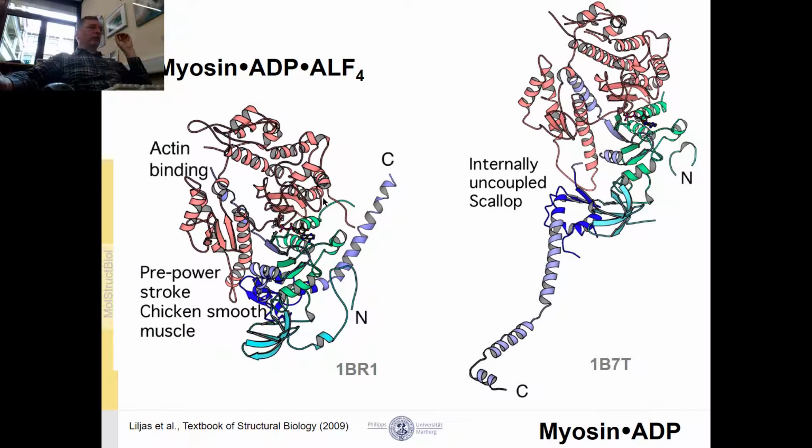So we have different structures of the myosin head group. Again, we don't have them in complex with ATP, because ATP would be, of course, hydrolyzed by myosin. Again, we use a chemical trick. The chemical trick is to use some analog of ATP, and that can be done by using the ADP aluminium tetrafluoride complex.